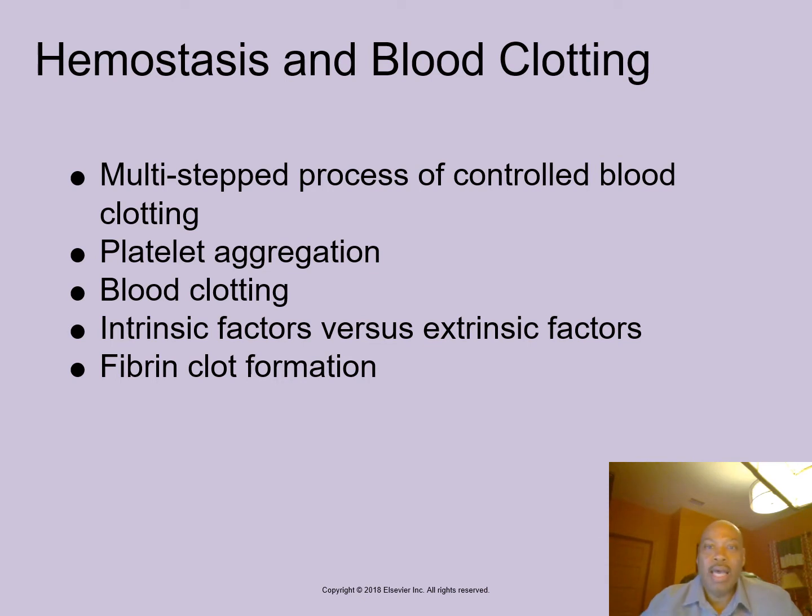Then we have a conversion by the thrombin of what we call fibrinogen into fibrin. These fibrin molecules form the true clot. Without the fibrin molecule, you will not have a true, strong, and stable clot. So it's that step-by-step process that I want you to understand in your reading. Now, the fibrin clot formation is basically the last phase of blood clotting.